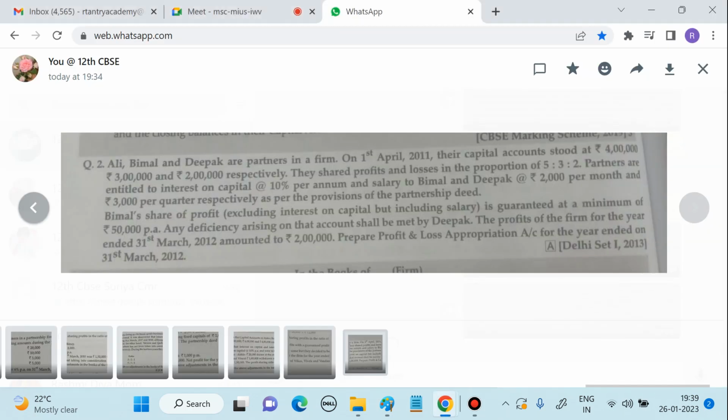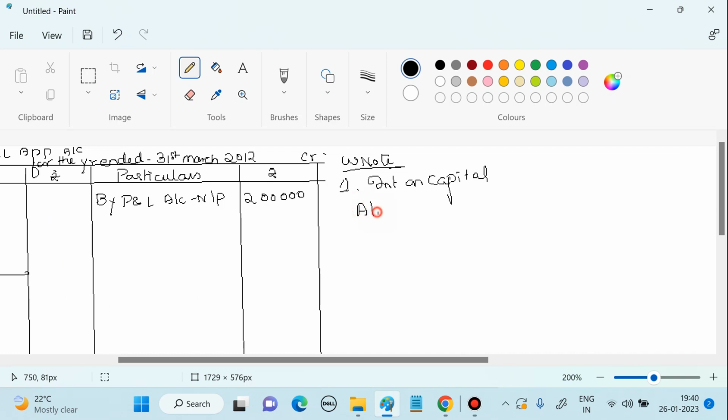So look at the question. Capital balances were 4 lakh, 3 lakh, 2 lakh and interest on capital at 10% per annum. So Ali, 10% of 4 lakh, that would be 40,000. Bimal, 10% of 3 lakhs, rupees 30,000.